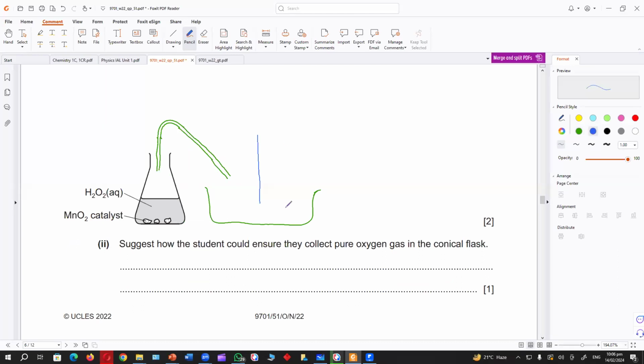Should I insert a cylinder in the apparatus? Inverted cylinder. Like this.